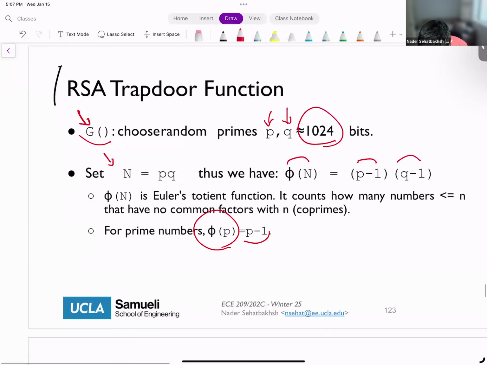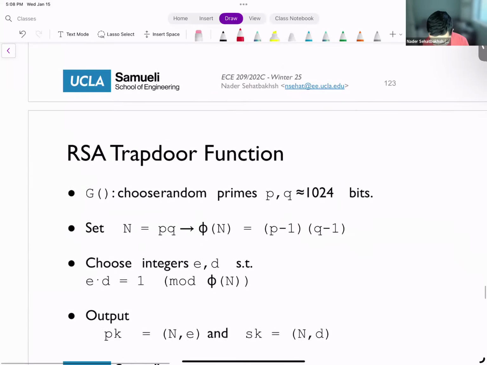Why do we care about this? You're going to see later on why this is important, but generally we create two prime numbers, multiply them together, and that's our n. An important property of n is that phi of n is equal to p minus 1 times q minus 1, okay?